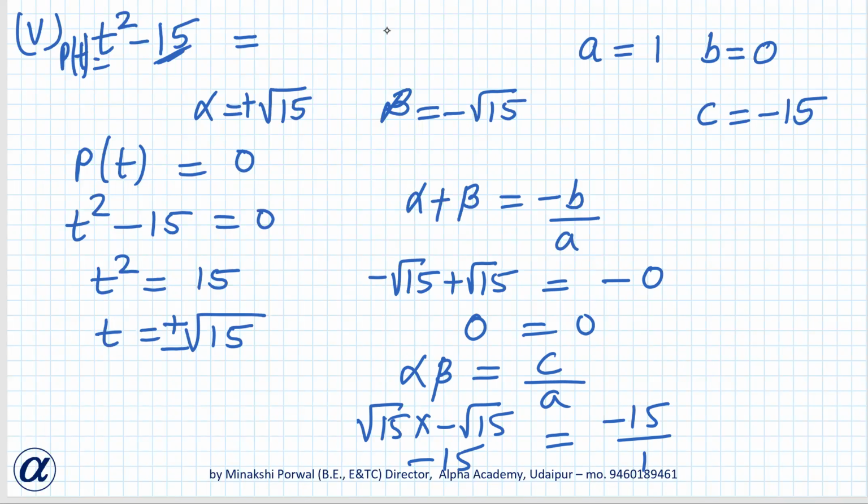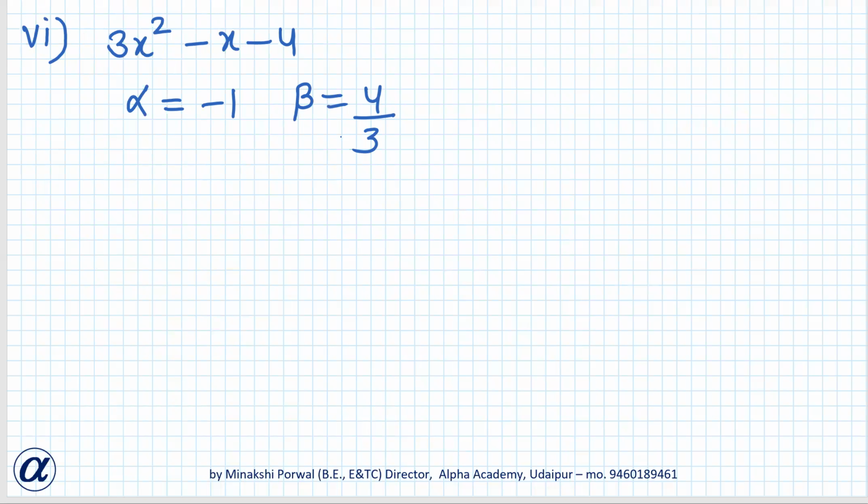Now, next, one minute. Yes, Himani, your turn now. Sixth one. Okay. 3x square minus x minus 4. Himani? Alpha is minus 1, beta is 4 by 3. One minute. Product of two numbers is 3 into minus 4, that is equal to minus 12, and sum is minus 1.